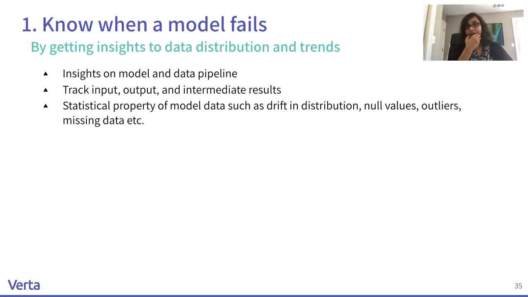You look at the other indicators that impact model performance, and that includes output distribution, input distribution, and drift between training and production, or other intermediate data points. So basically you are looking at the data distribution and data quality versus just quality metrics.